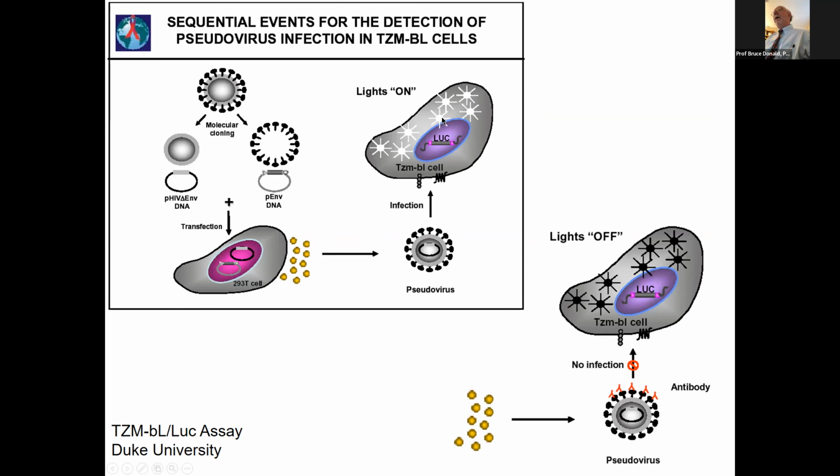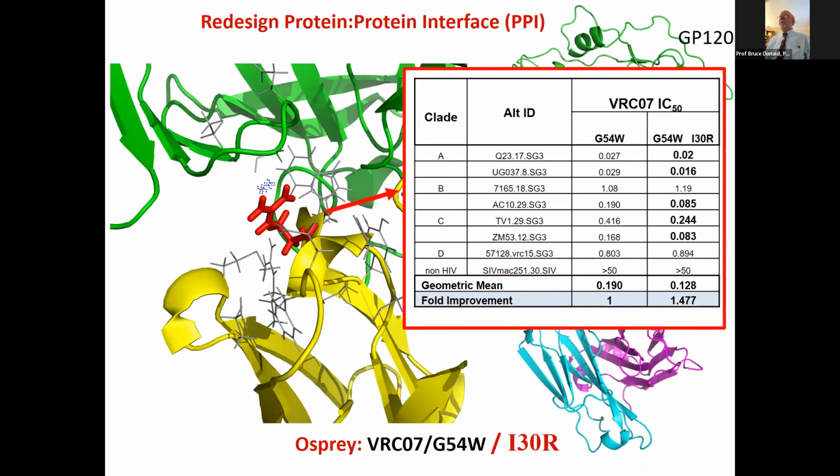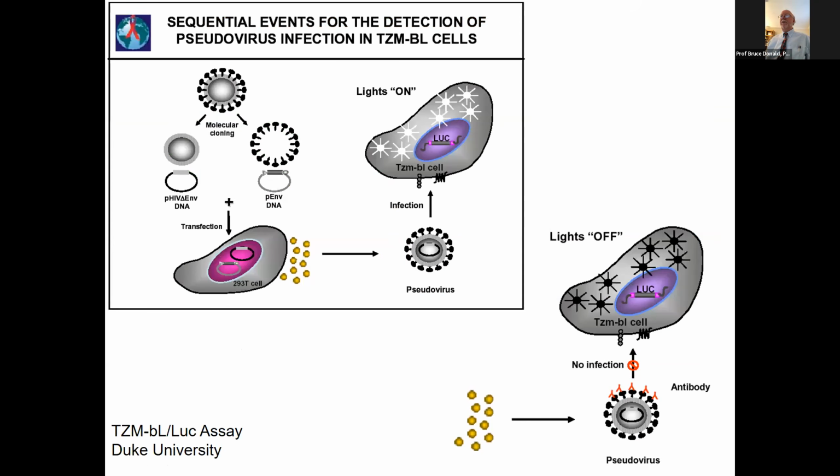These things fluoresce. So you've got a certain fluorescence measure for whether they're infecting. If you then have, say, an antibody you've designed and you want to test this, it reduces the amount of infection. You get a quantitative measure for how little these things infect. So really beautiful assay that can be done in a pretty high throughput way. And that's how this data was obtained on an improvement here from this particular substitution.